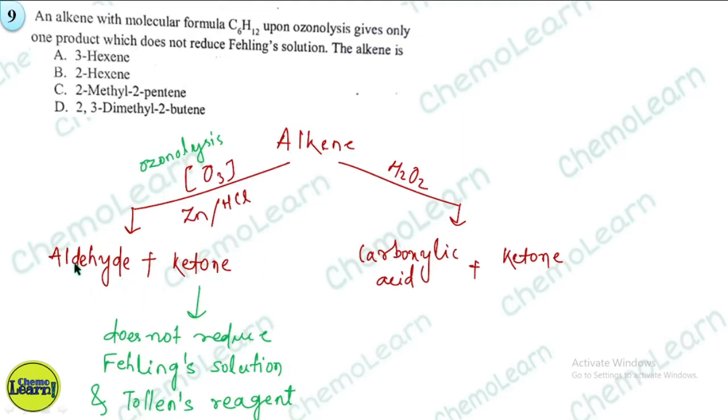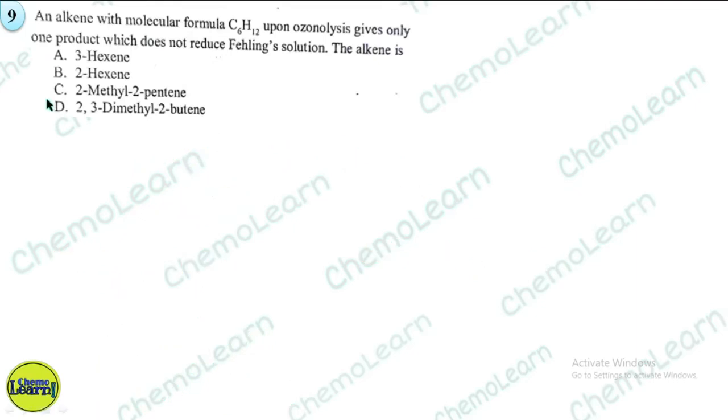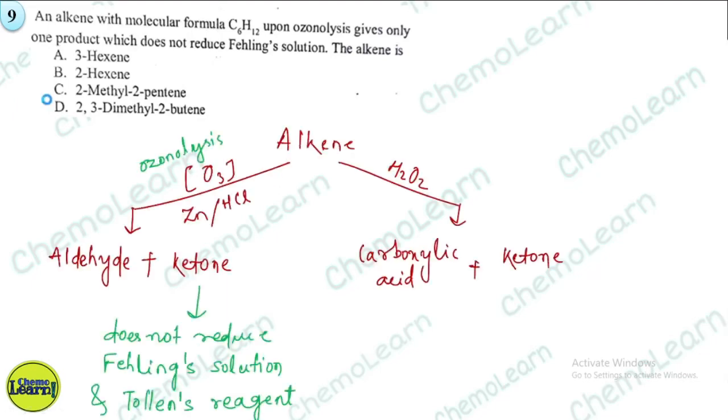Between the aldehyde and ketone, ketone doesn't reduce Fehling solution and Tollens reagent. On the other hand, aldehyde reduces Fehling solution and Tollens reagent. So we have to find out the product of ozonolysis over here, which is ketone.